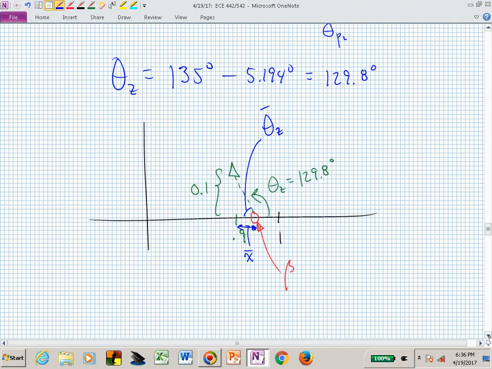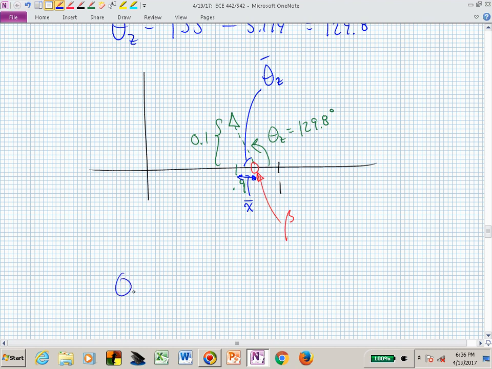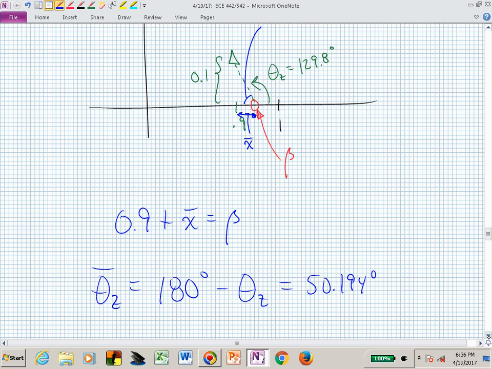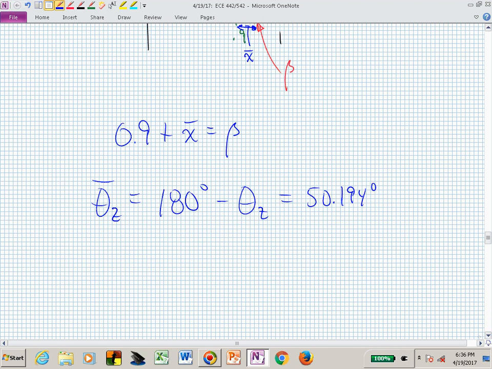Or I now can say that 0.9 plus x bar is beta. And what's theta sub z bar? That's just 180 minus my theta sub z, which is 180 minus 130 roughly, so it should be close to 50 degrees, and it's 50.194 if I keep my significant digits. And now what do I know?